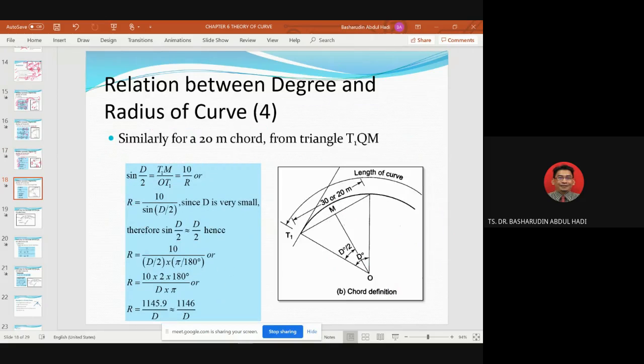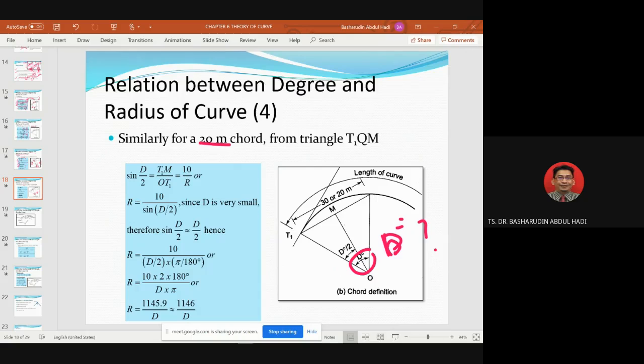Okay, next, the relationship between degree and radius of curve. This one is for 20 meter. Remember that we want to find out the D angle, because we don't know its value.